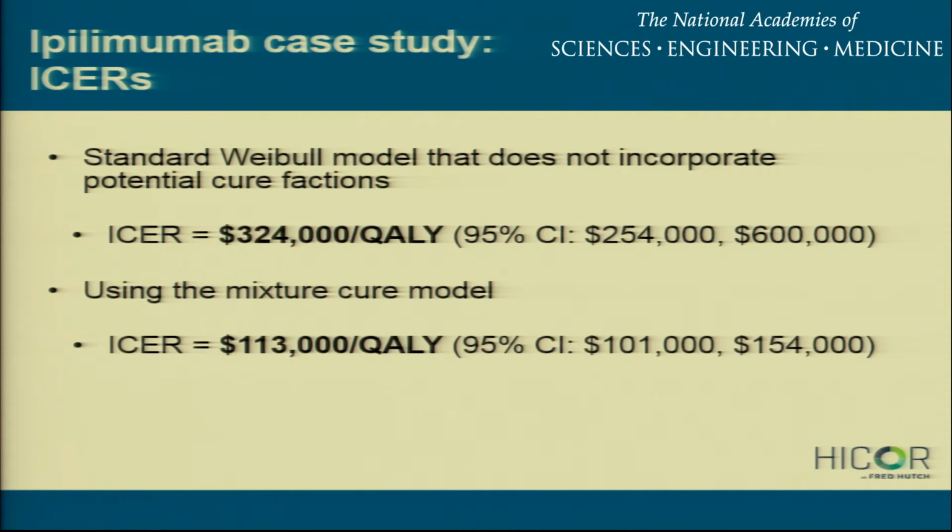Bottom line is that using this model can substantially affect the incremental cost effectiveness evaluation. In this case, for IPI and advanced melanoma, the incremental cost effectiveness ratio goes from really terrible to somewhat less terrible, but it is a substantial improvement.